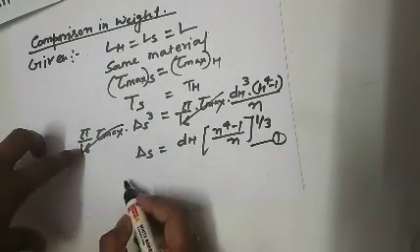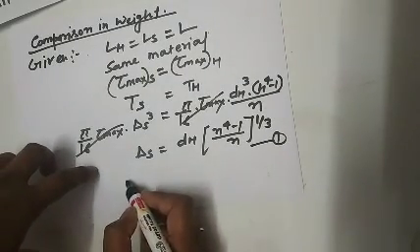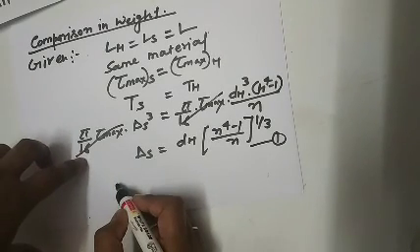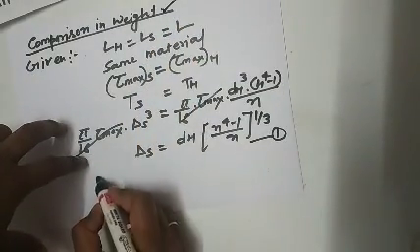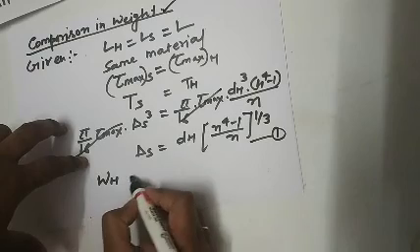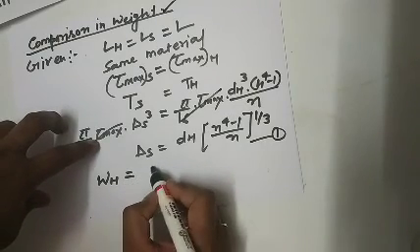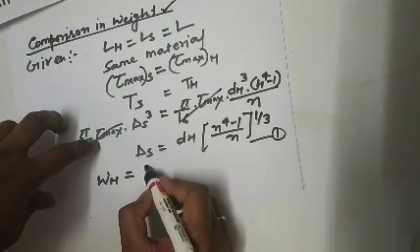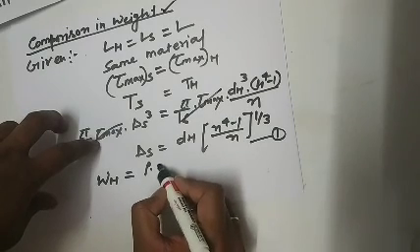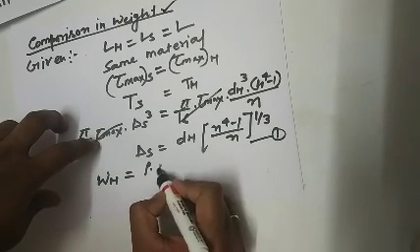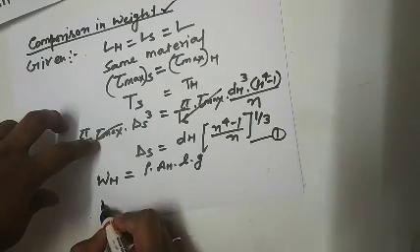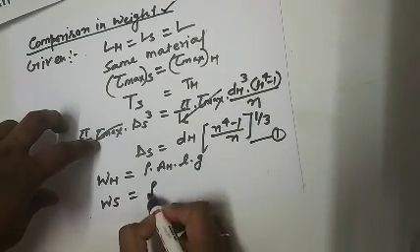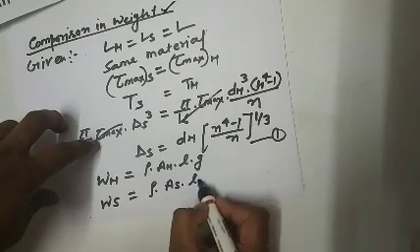Now, the weight of the shafts differs. There is comparison by weight. That means W hollow will be equal to rho A hollow into length into g, and W solid will be equal to rho A solid into L into g.